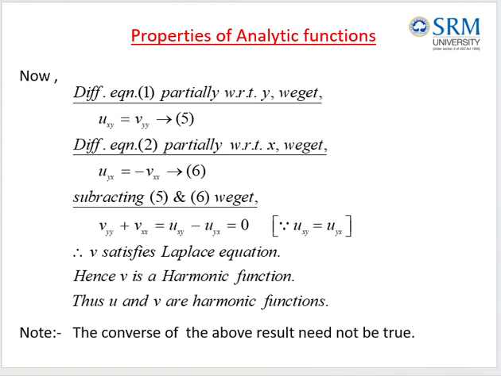In that way, I am getting vxx plus vyy equal to 0. So v satisfies Laplace equation, v is a harmonic function. So I proved that the real and imaginary parts of an analytic function f of z are harmonic functions. But the converse of the above result need not be true. If u and v are harmonic functions, it is not necessary that the function should be analytic.